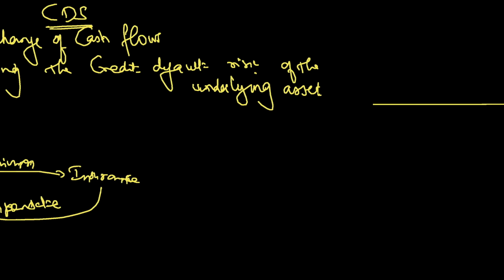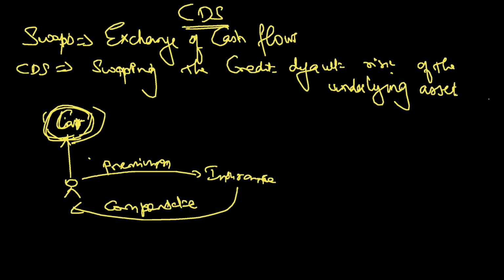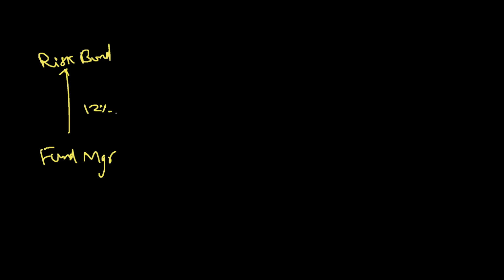Similarly, credit default swaps also work in the same way. Imagine there is a fund manager who has invested into some risky bond. Why did he invest into a risky bond? Because it is offering a very high rate of interest, let's say 12 percent. Now he wants some security.